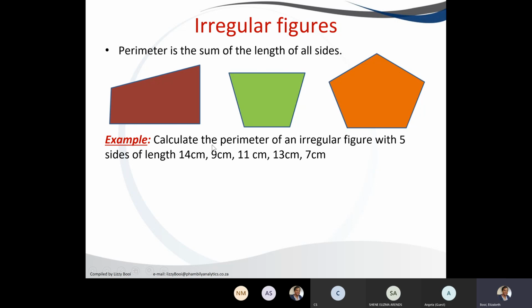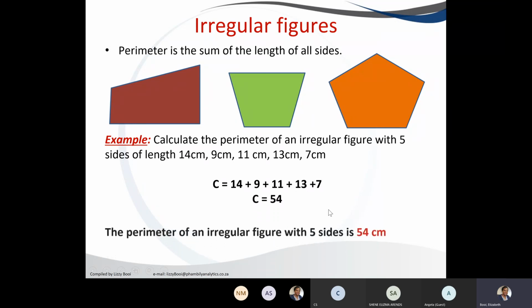So if I'm given, what is the perimeter of an irregular shape with 5 sides that has 14 centimeter, 9 centimeter, 11 centimeter, 13 centimeter, and 7 centimeter, it's easy. You just add all the sides. As long as the question says what is the perimeter of the shape, you just add all the sides. And that will give us a 54 centimeter perimeter.